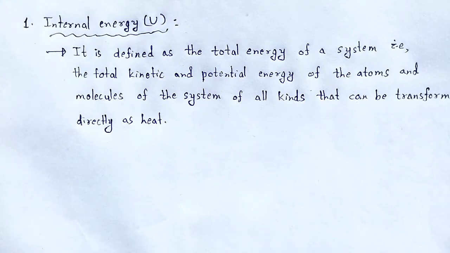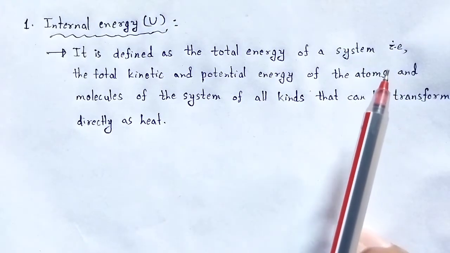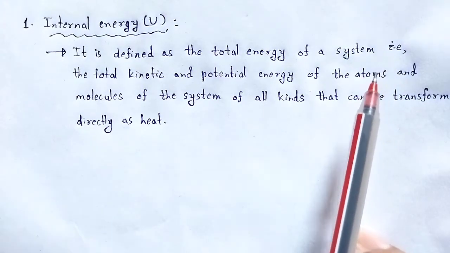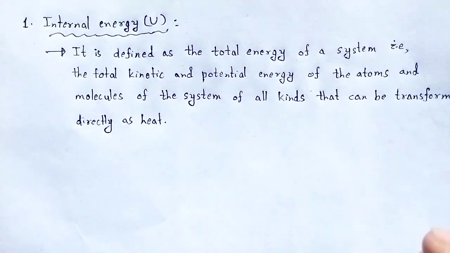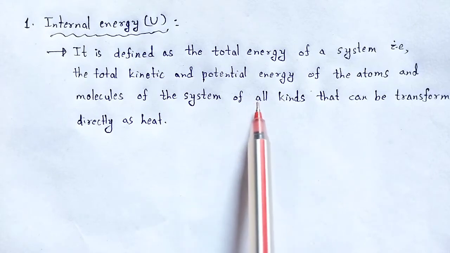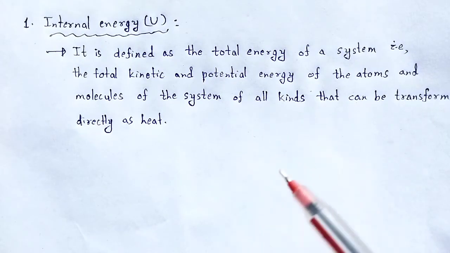Internal energy is basically defined as the total energy of a system. Total energy in the sense that it is the sum of kinetic and potential energy of the atoms, or we can say the molecules present in the system, and that can be transformed directly to heat.